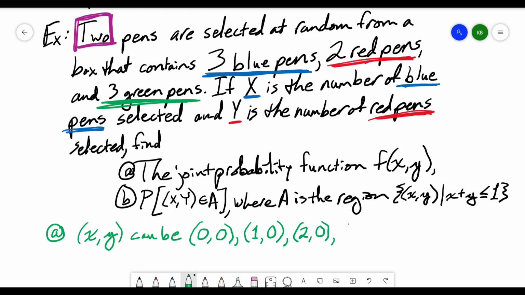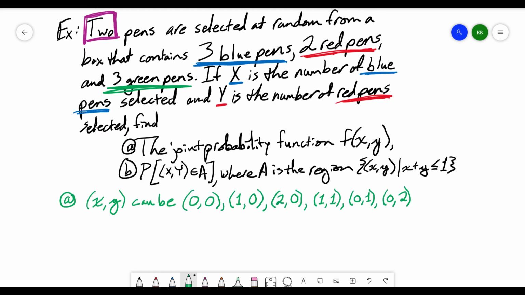I could have 1 blue pen and 1 red pen. I could have no blue pens and 1 red pen. I could have no blue pens and 2 red pens. And those are my 6 possible points.